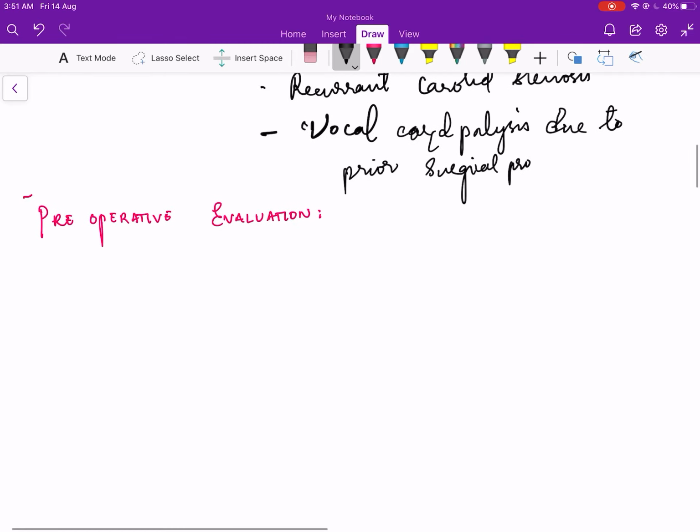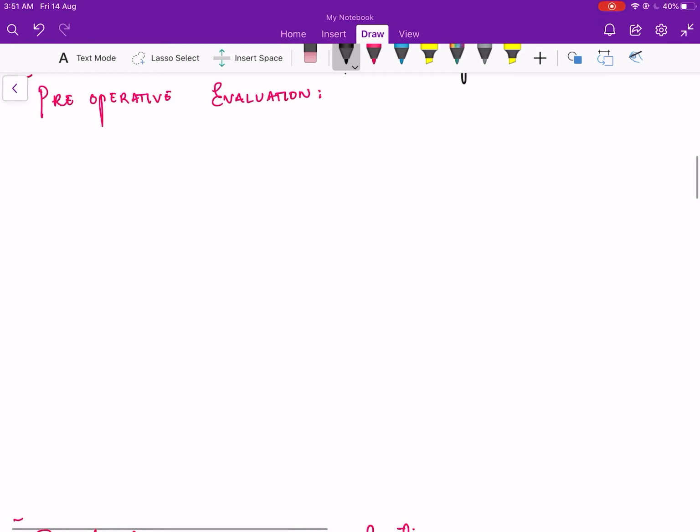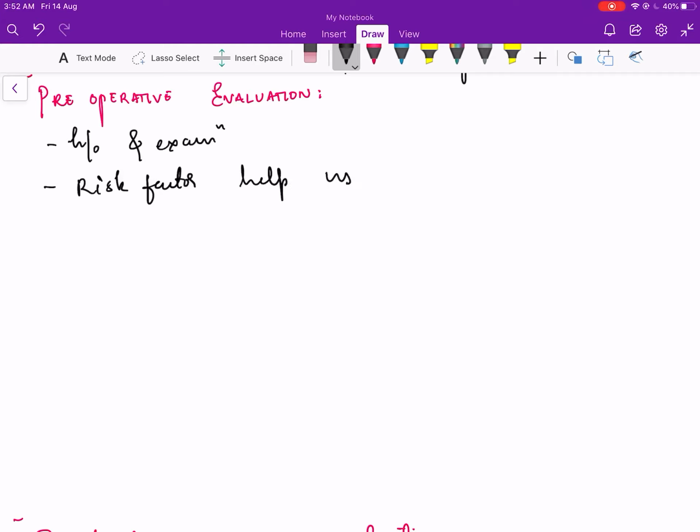So how do we approach a patient with carotid endarterectomy? What are the pre-operative evaluations? First, you take a detailed history and examination. Within that, what risk factors help us identify a poor outcome?